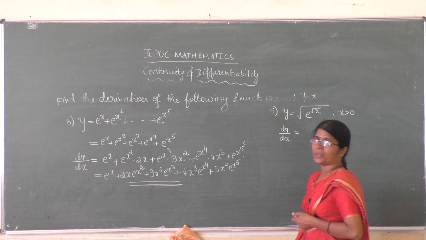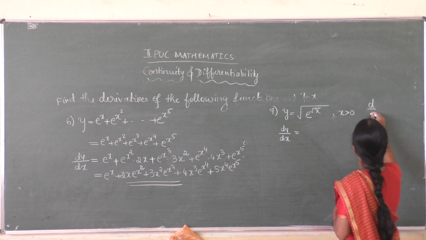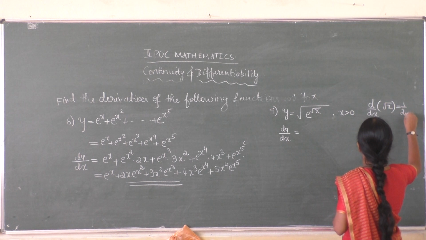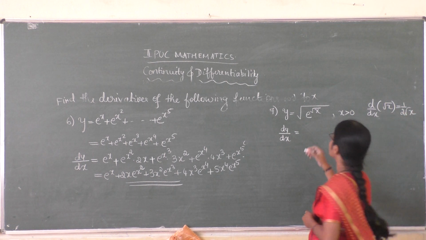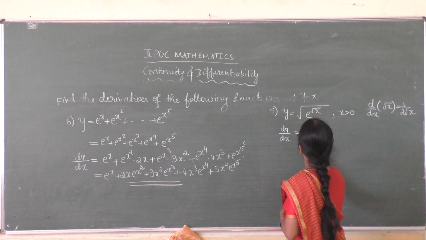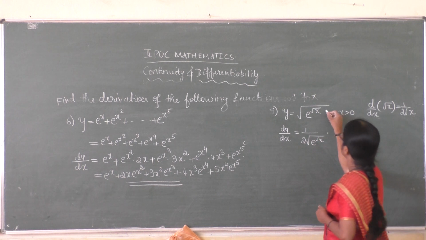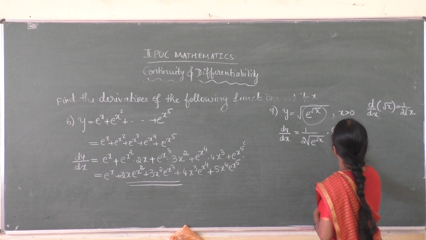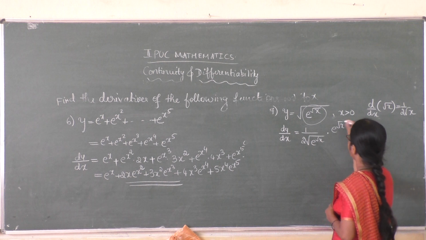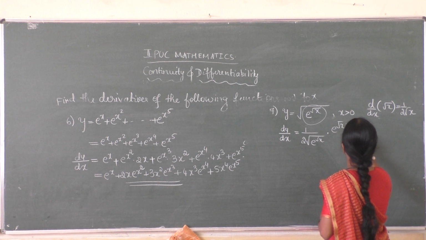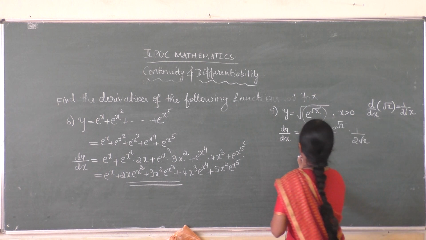Suppose you have root x. Derivative of root x is 1 by 2 root x. Okay, so here 1 by 2 root e to the power root x. Then derivative of e to the power root x, that is e to the power root x itself, and then derivative of root x, that is 1 by 2 root x.